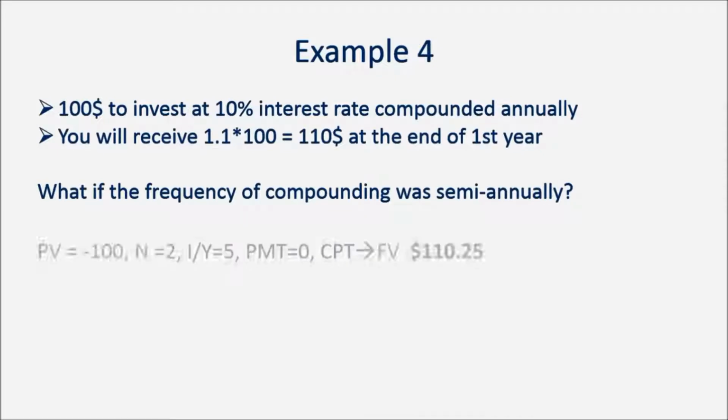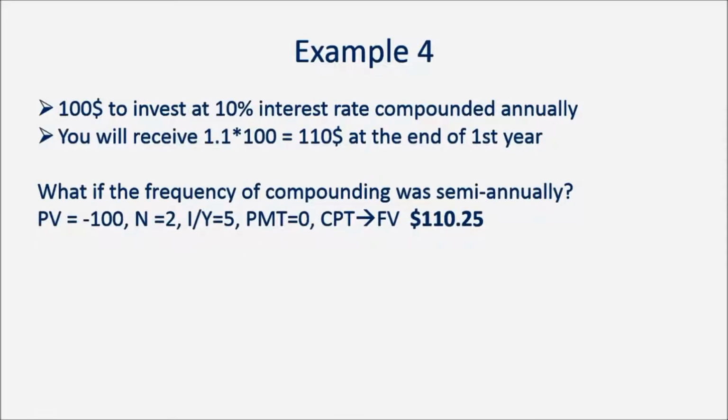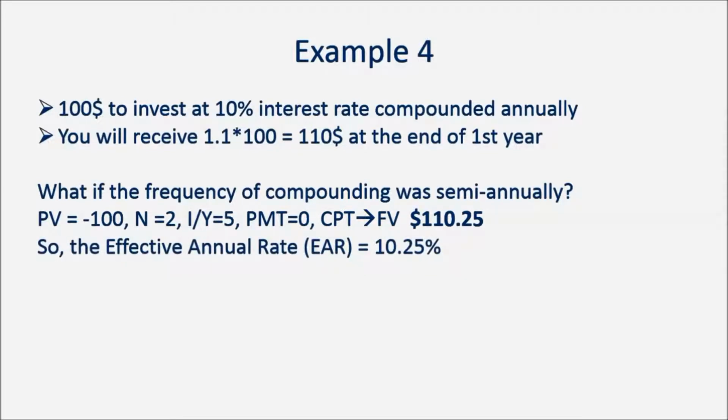In this case, present value is minus 100, N is 2, I/Y is 5, PMT is 0, and when we compute future value, we get $110.25. So, as you are getting $110.25 for an investment of $100 after a year, the effective annual rate in this case is 10.25%.